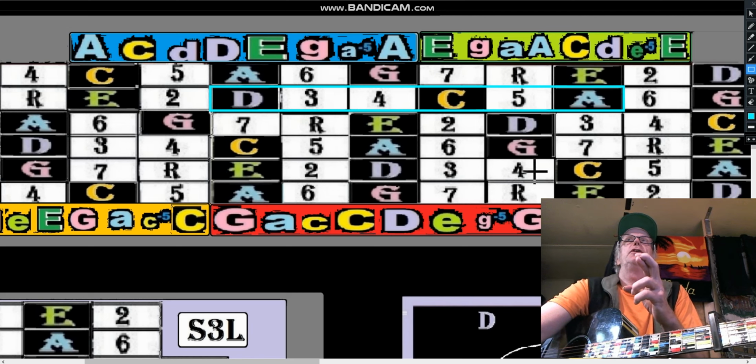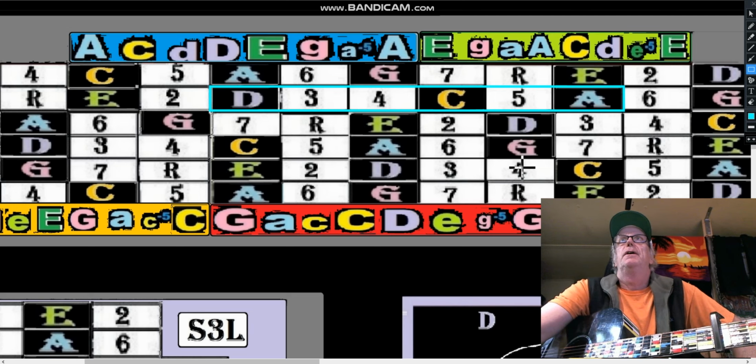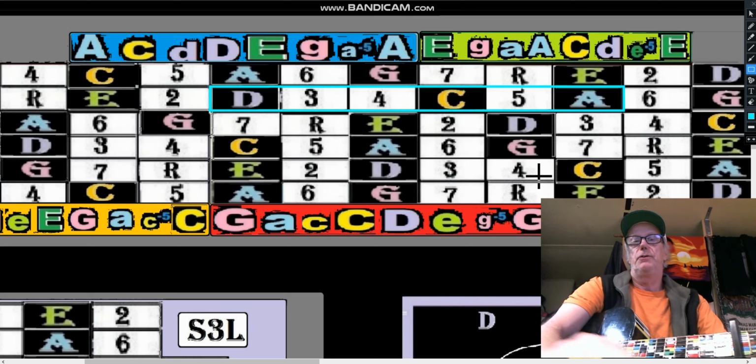They're considered one entity in string shapes. Okay, so the 3 and the 4 are the outer notes of the D shape, and they're the inner notes of the C shape, and they're the shared notes in the C shape. So we've taken care of that fact.